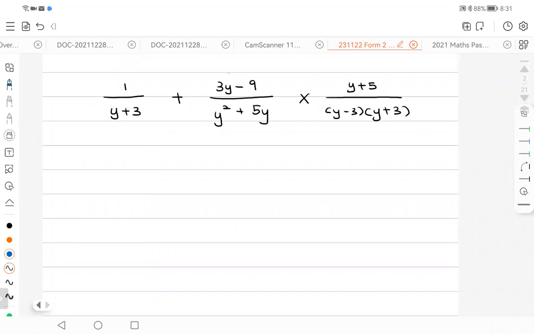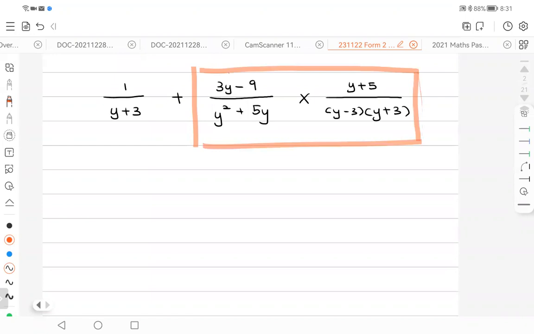1 over y plus 3 plus 3y minus 9 over y squared plus 5y, multiplied with another fraction at the back. According to BODMAS, which we have learned in UPS, we need to solve the multiplication first at the back. We got to solve this part first. When we write the answer, we got to copy and paste whichever fraction is not solved yet.